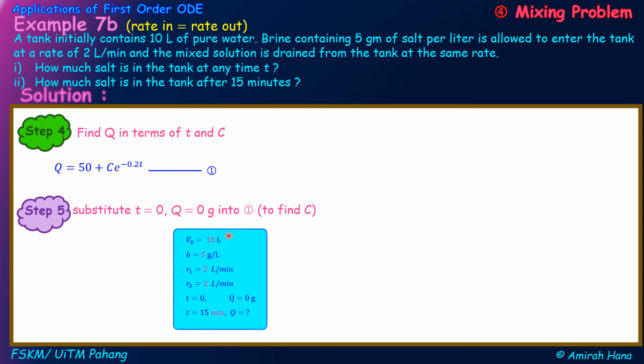From the previous slide. We get t equals 0 and then Q equals 0 gram. So from equation 1 here, after we substitute this information to find c, we replace t equals 0 and we replace Q equals 0.